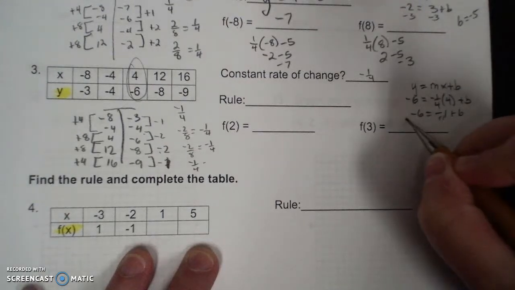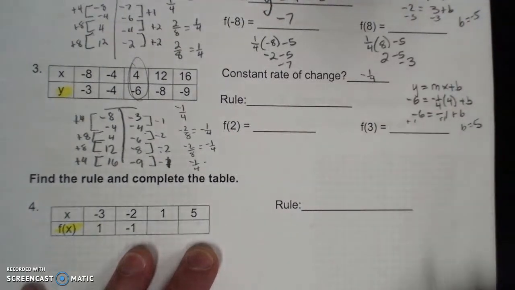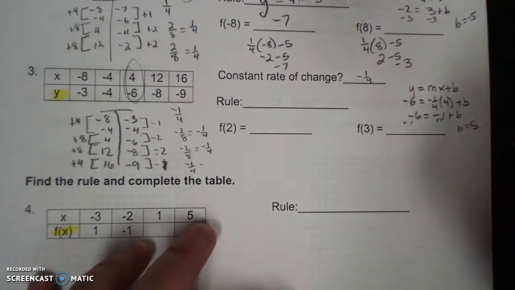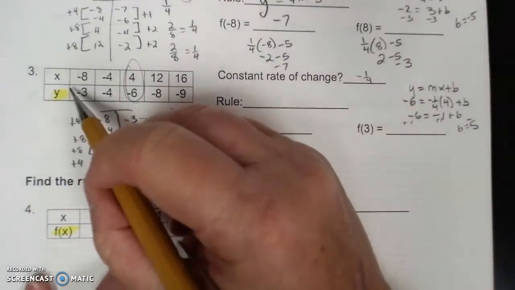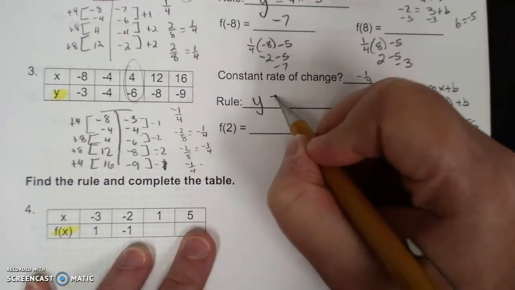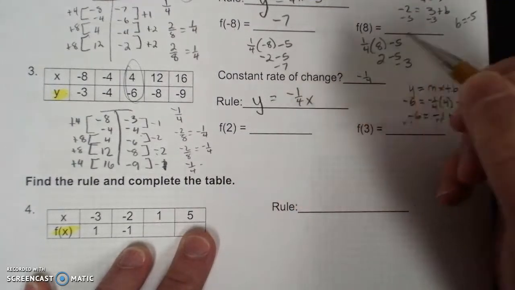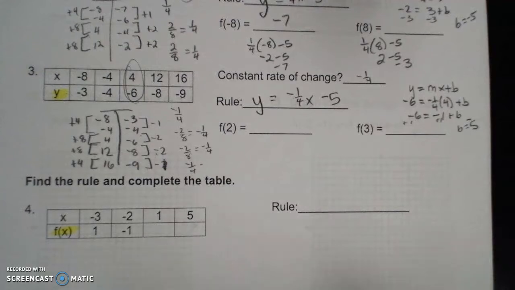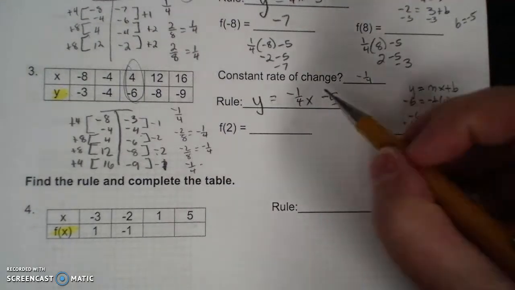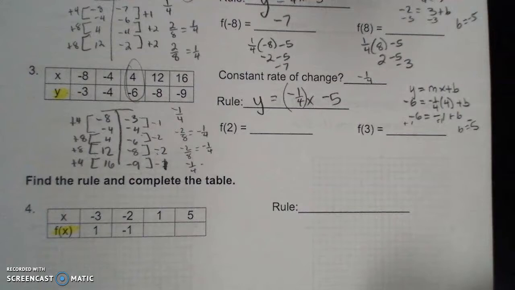Add 1 to both sides, so b equals 5. Sorry, b equals negative 5. So my rule, and since it's y, I'm going to write y equals negative 1/4 x minus 5. When we are putting this in a computer, please make sure you put parentheses around that.